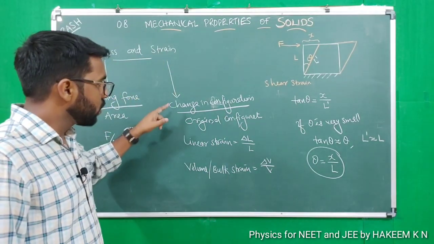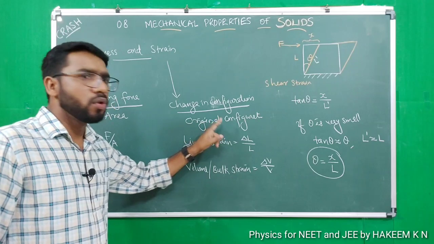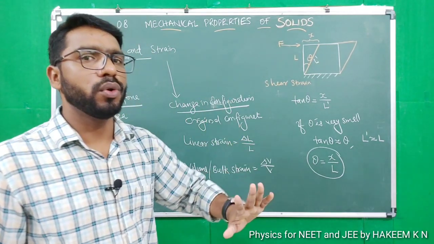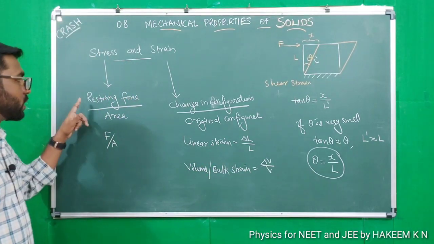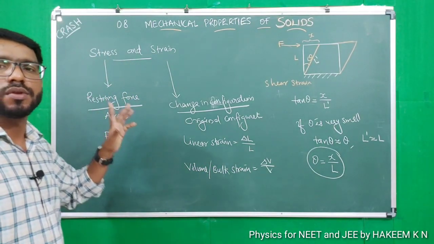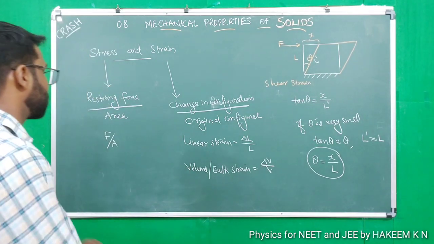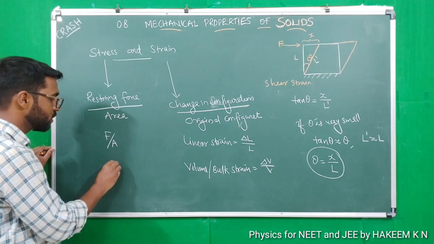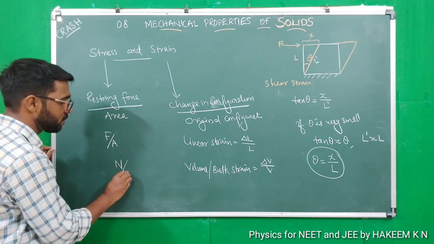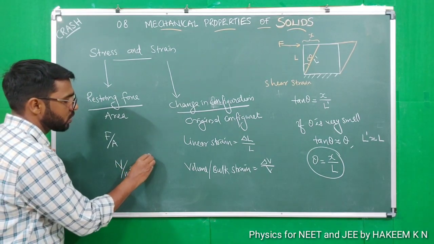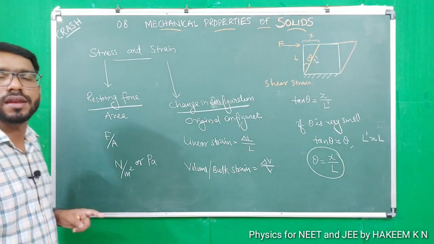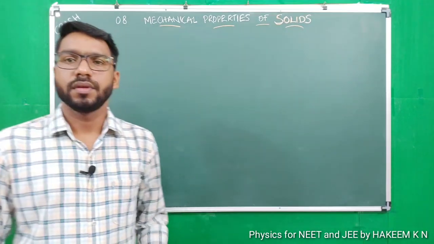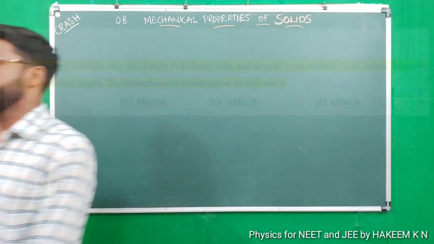Here you can see strain has no unit and no dimension, but stress possesses unit and dimension. Stress means restoring force by area. So unit is Newton per meter square, or Pascal, which is the same as unit of pressure.